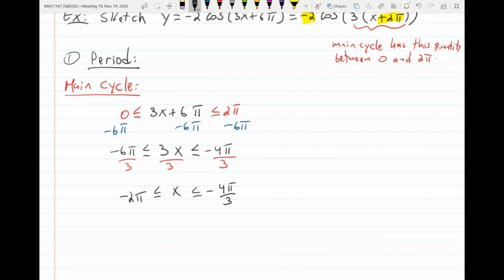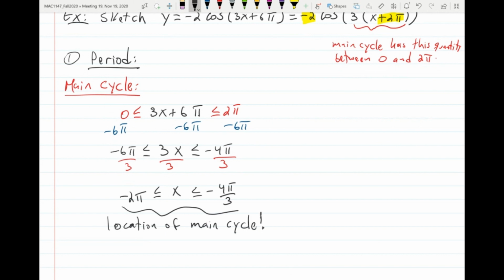Okay, so this right here is the location of the main cycle. That cycle that was between 0 and 2 pi originally for the cosine function, after all of these transformations are done, is going to be in this location on the x-axis. So this right here is the location of the main cycle.